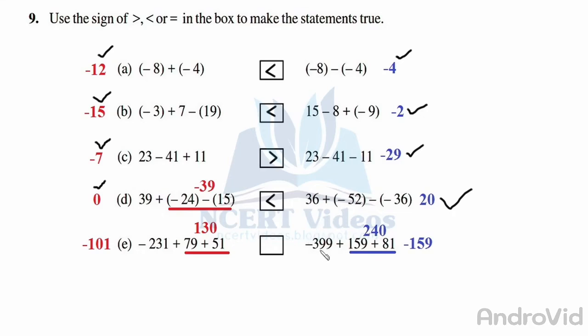We have to subtract them, therefore minus 159. Now clearly minus 101 is nearer to 0. Therefore minus 101 is greater than minus 159, and we have to open the brackets towards the greater number. So we open it towards this side and we read it as minus 101 is greater than minus 159. That was your question number 9.